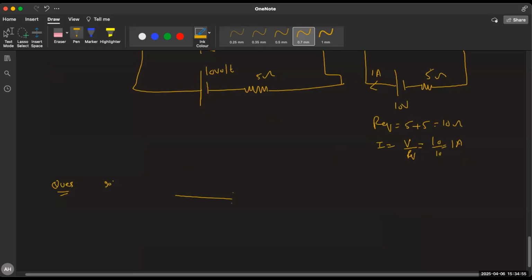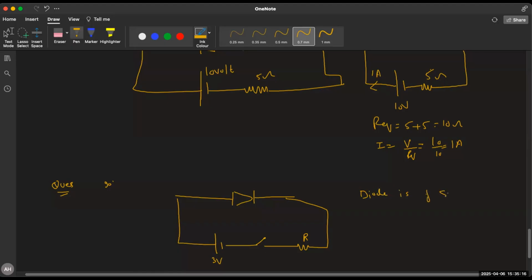So another question, you have this diode. This is a cell of 3 volt. This is a key. This is resistance R. The key is open. It's saying that the diode is of silicon.